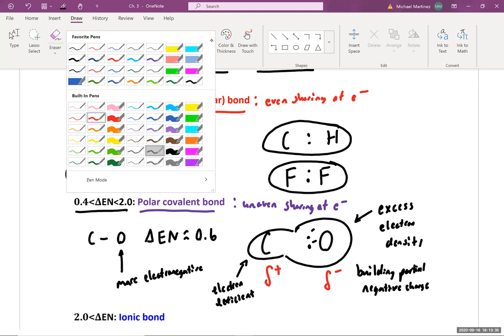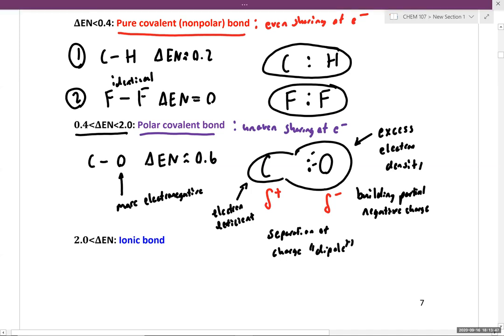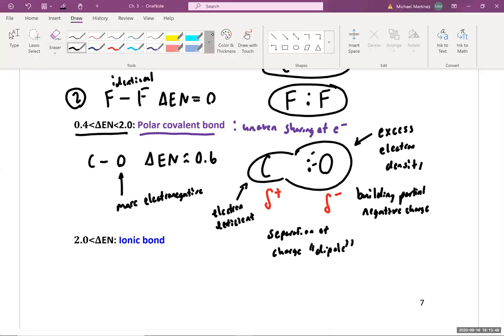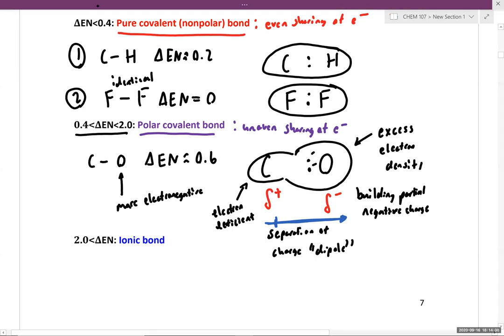And this separation of charge is known as a dipole. To represent a dipole, we draw an arrow pointing towards our more electron rich or more electronegative element.